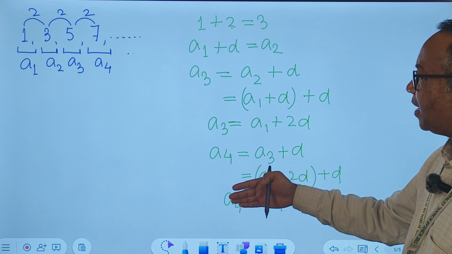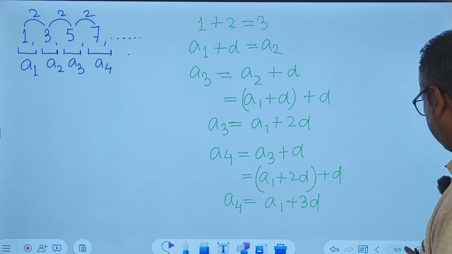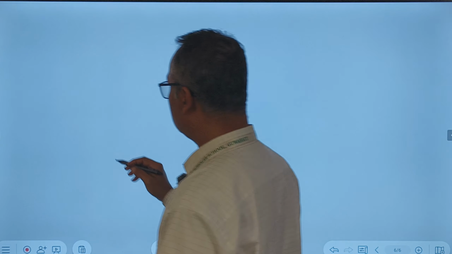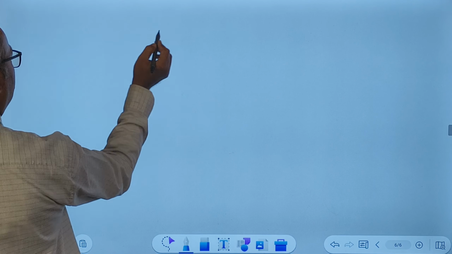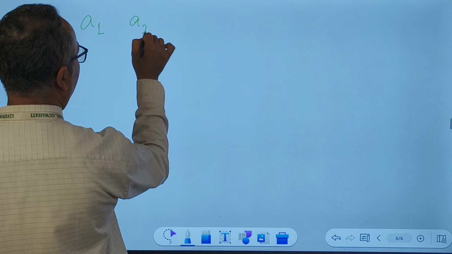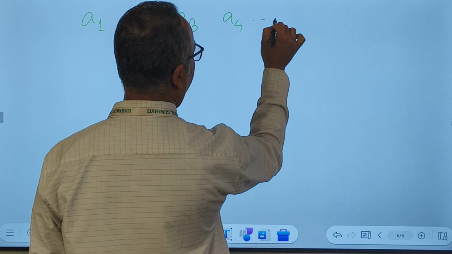So if we write the arrangement in terms of A and D, how will it be? The sequence of numbers will be like A1, A2, A3, A4, like this, isn't it?